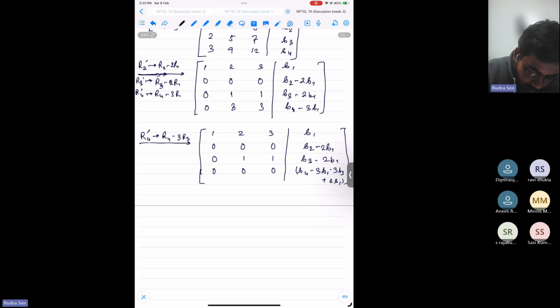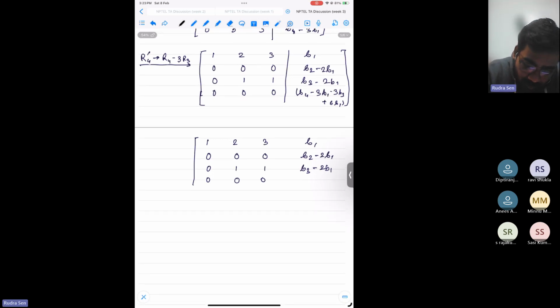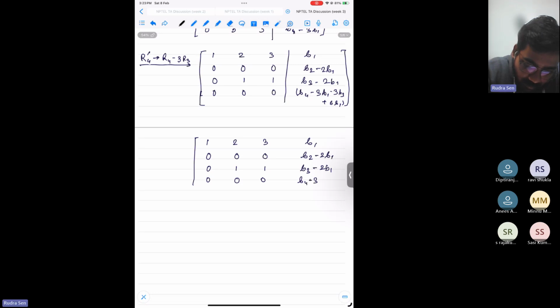So what is the solution? The matrix is 1, 2, 3, then 0, 0, 0, b2 minus 2b1, 0, 1, 1, b3 minus 2b1, and the last one is 0, 0, 0, which becomes b4 plus 3b1 minus 3b3.